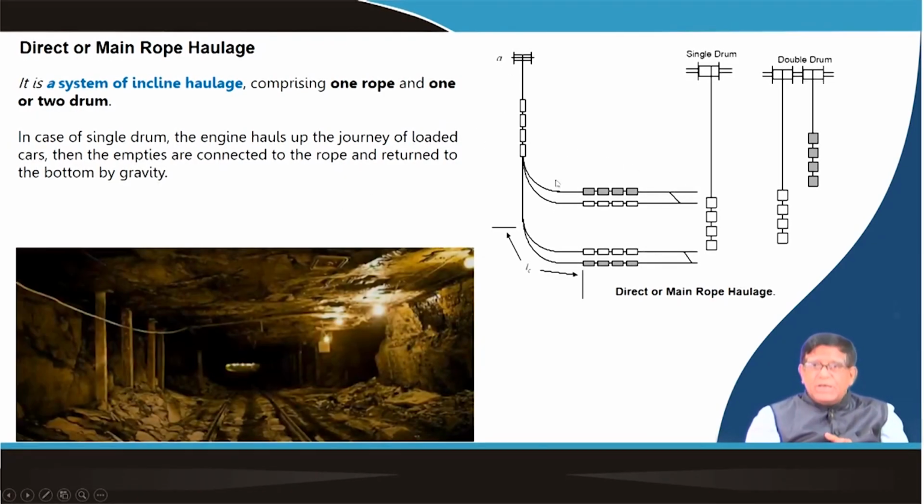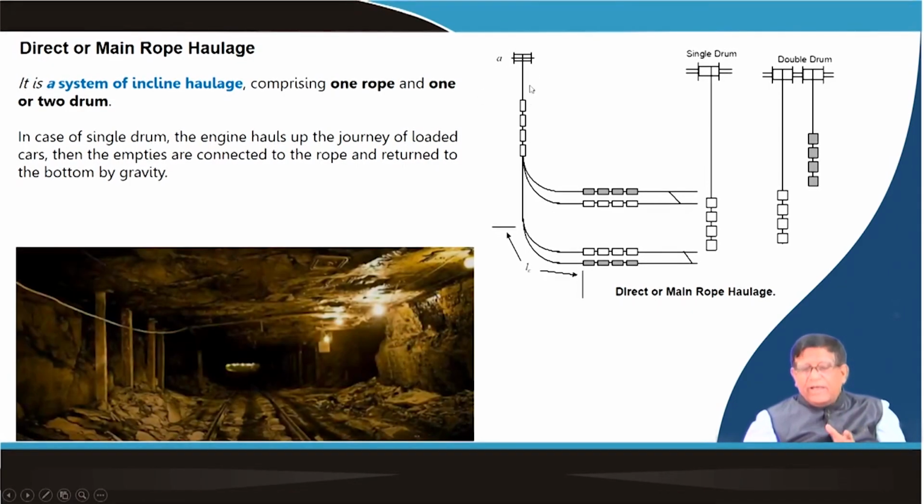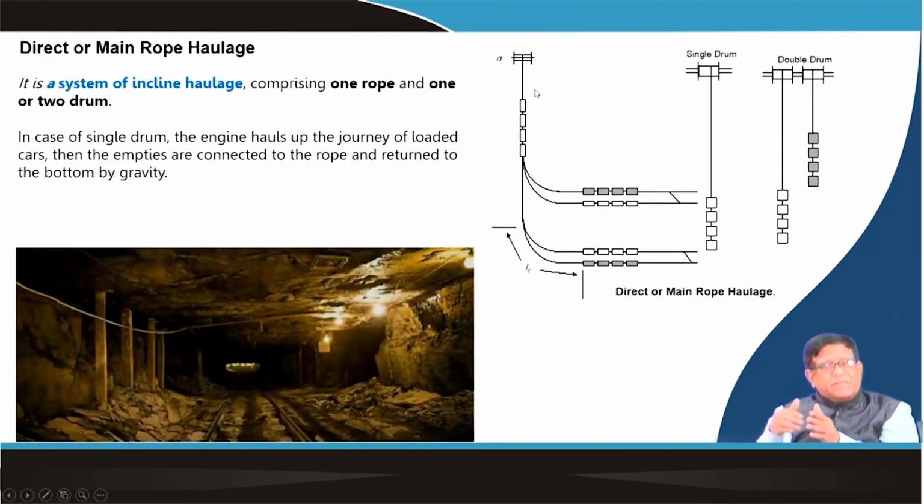The operations will have to be arranged in such a way that in an underground space you create space for the empties to go. We will place the empties which are coming from the cage at one place, and all the empties will be put down, and when the loaded cars are coming, you will have to have a place for keeping them separately, and then pushing them to the shaft.